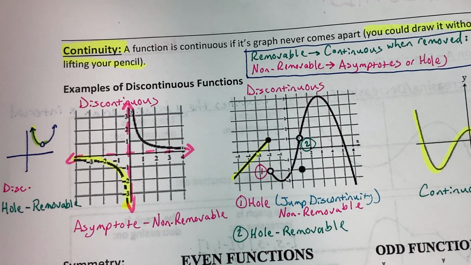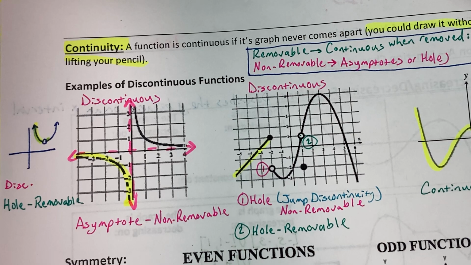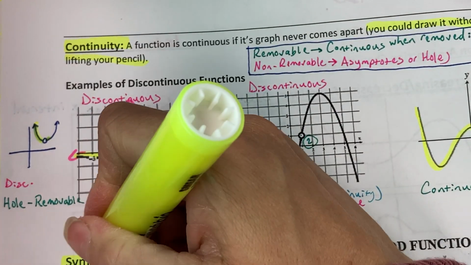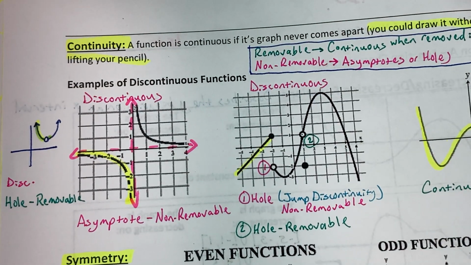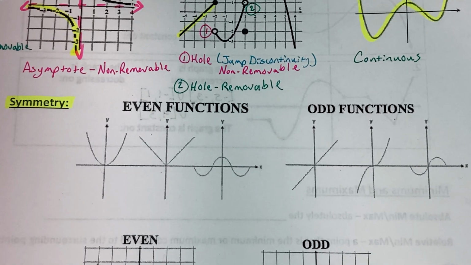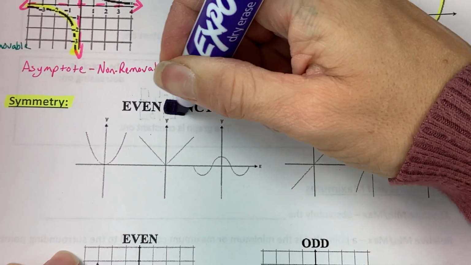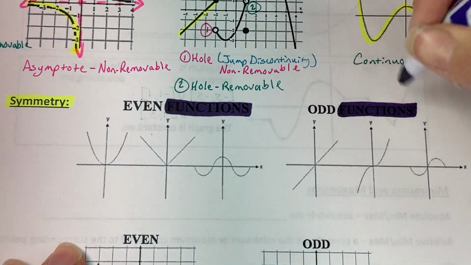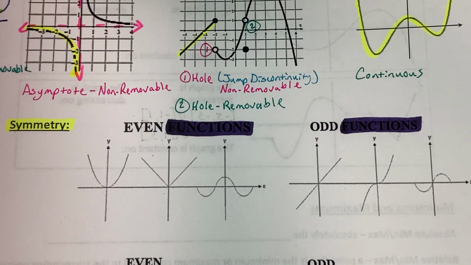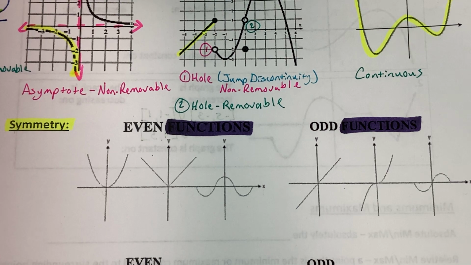Folks, in the next section, we're going to be talking about another key feature of graphs, which is symmetry. Now, I don't like that this portion says even functions and odd functions. We're going to go ahead and cross off that function part, because even degree functions and odd degree functions are something we'll talk about with polynomials.